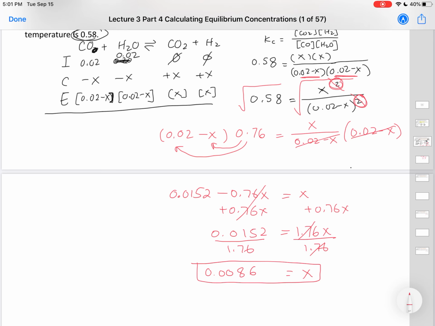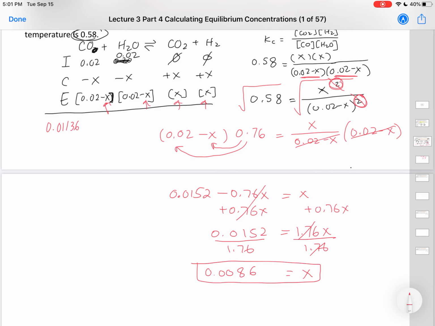But really they didn't ask for x. They ask you what is the molar concentration of each amount. So we've got to go back to our ICE table and plug in x. So we're going to plug in 0.0086 into each of these numbers here. Therefore, if you do 0.02 minus the 0.0086, you're going to get 0.01136.